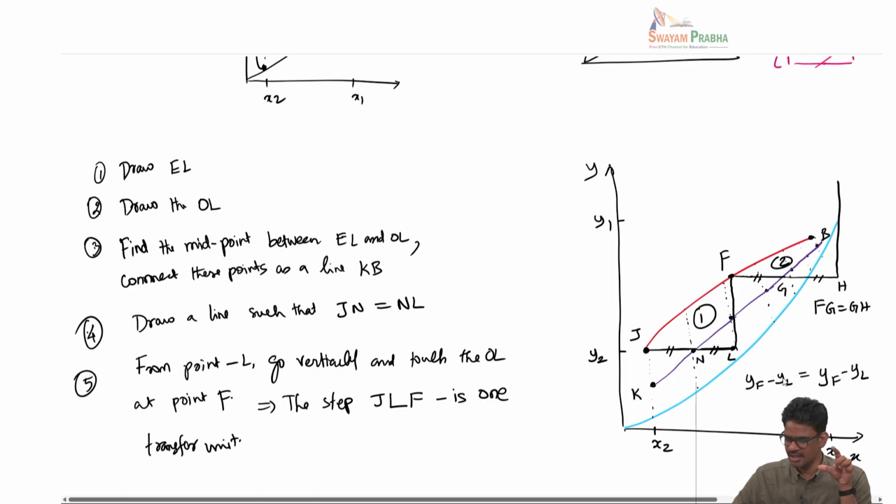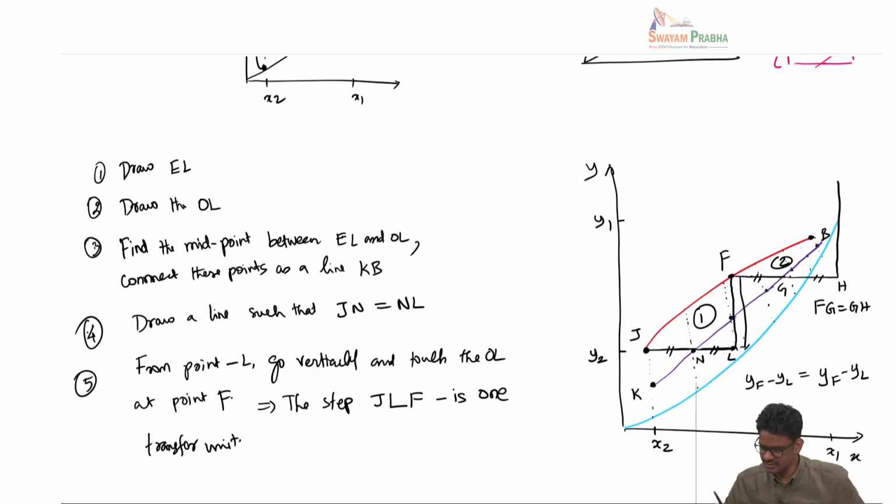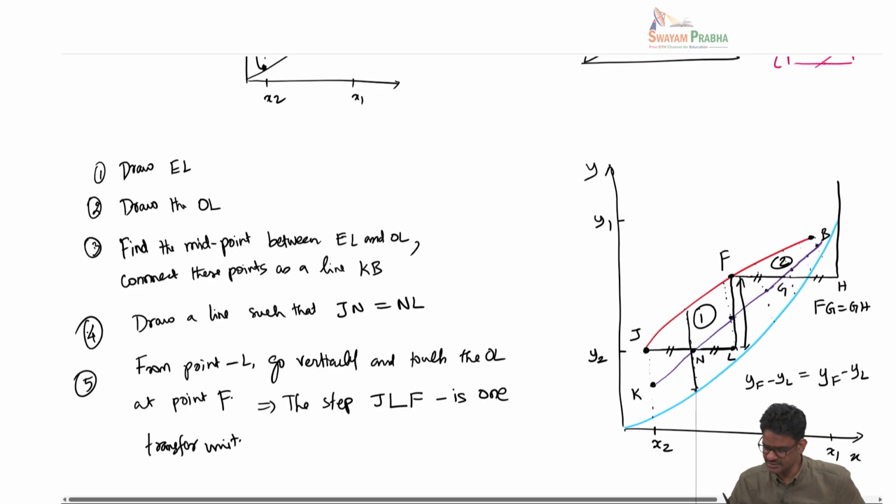Now if you look at this distance F and L, YF minus YL, that is the average driving force, because you see this distance here is the same as this distance. The vertical lines are the driving force. So this line here is the same as this line by this particular construct.